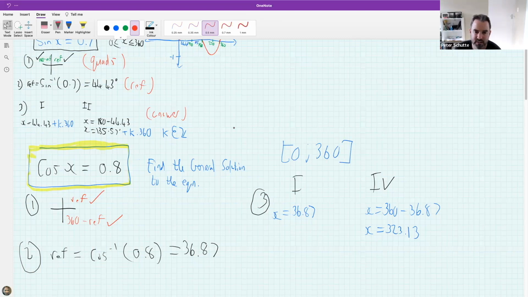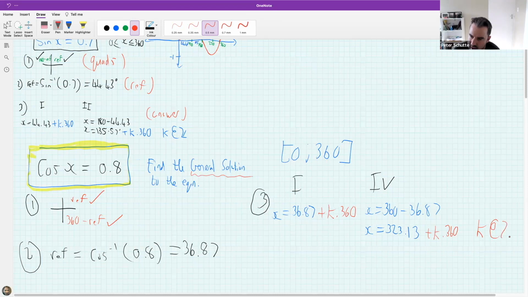But they didn't. They said find the general solution, which means that the period of the cos graph is 360. And so to make this a general solution, I have to add that bit there. So that is the 3-step process.